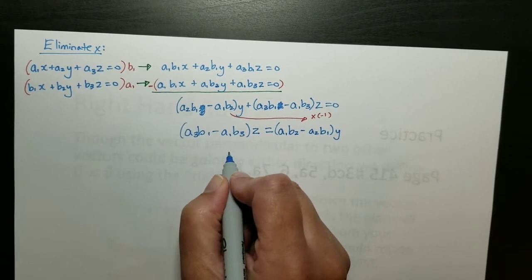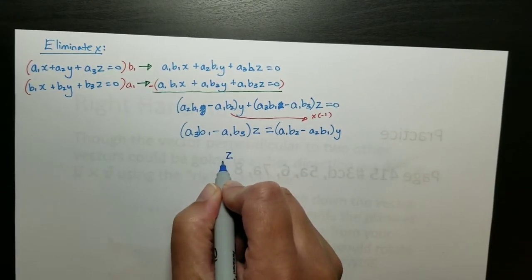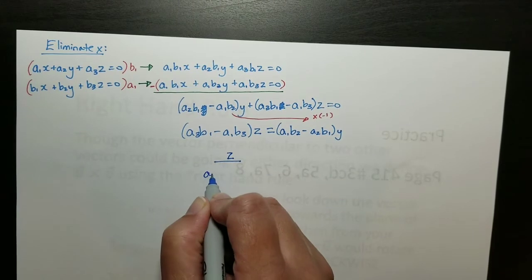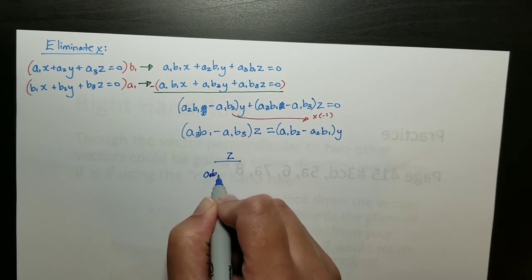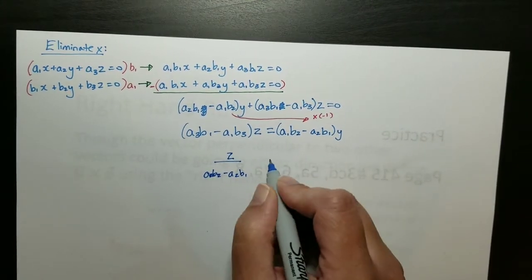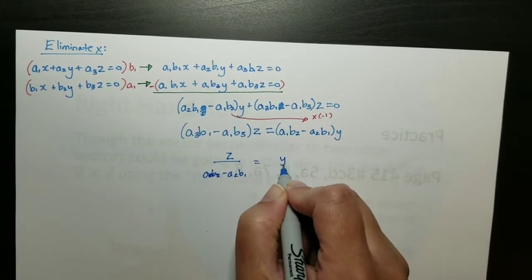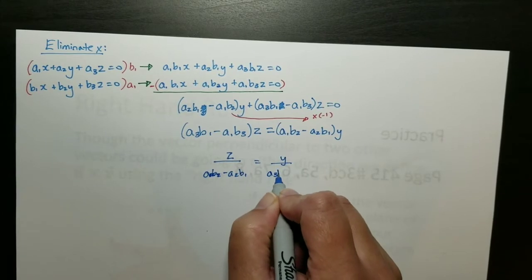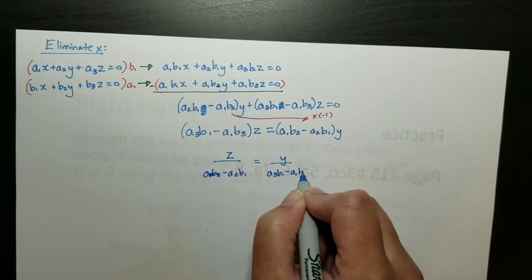So I'm going to get z over a1b2 minus a2b1 equals y over a3b1 minus a1b3.